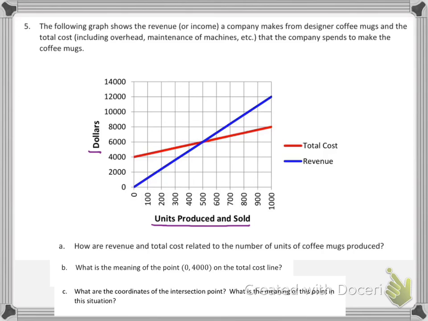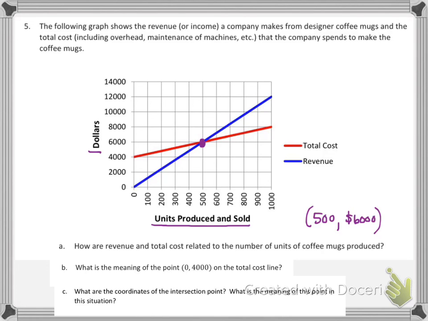How are revenue and total costs related to the number of units of coffee mugs produced? Well, if we look at the number of coffee mugs produced, cost and revenue intersect at the point 500 units produced and sold and $6,000.